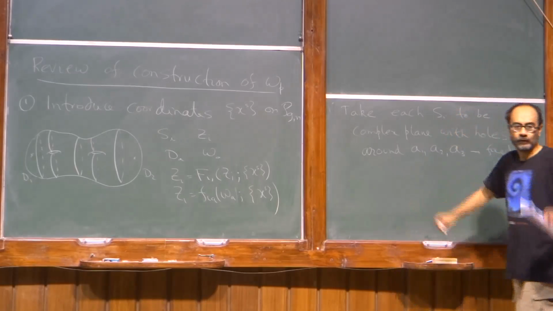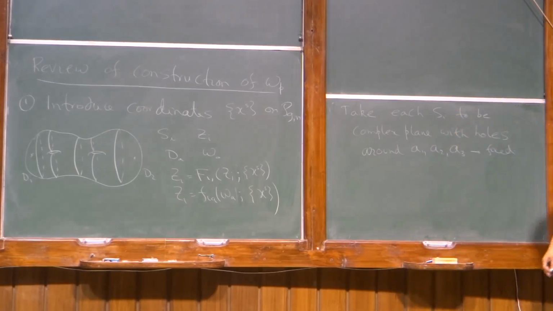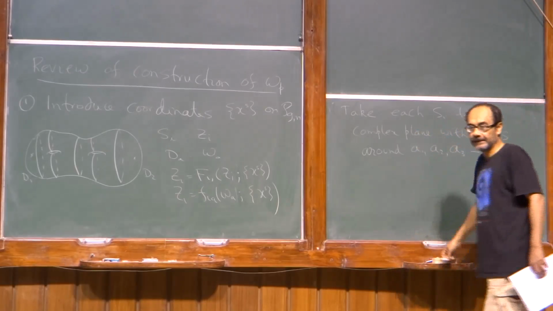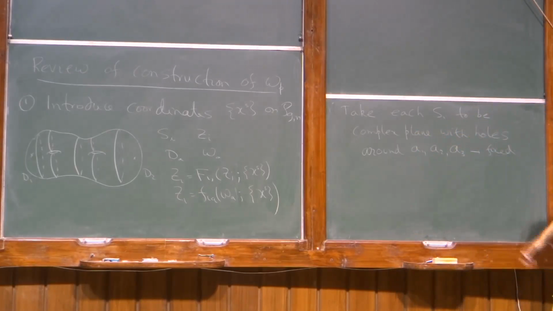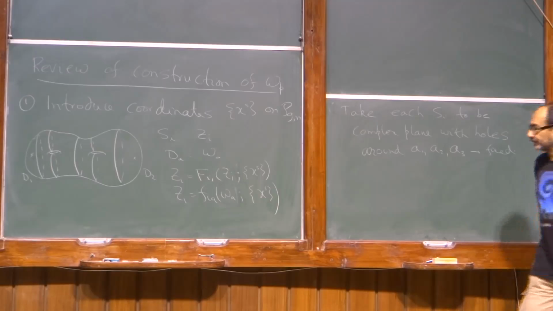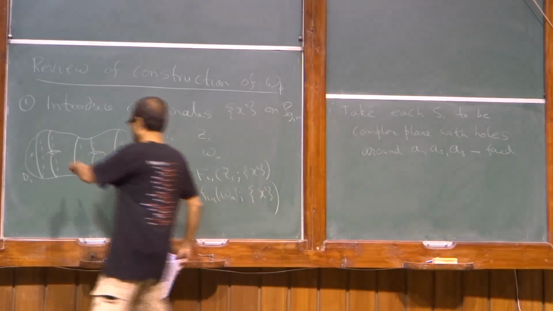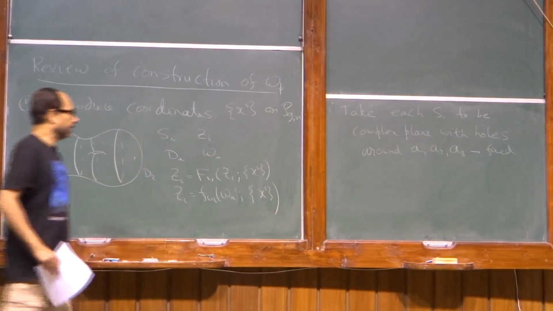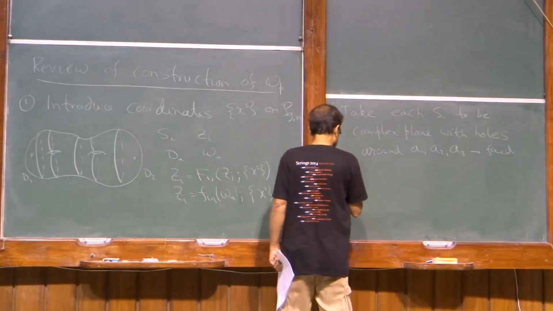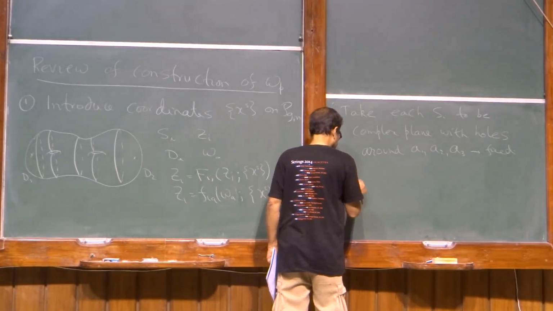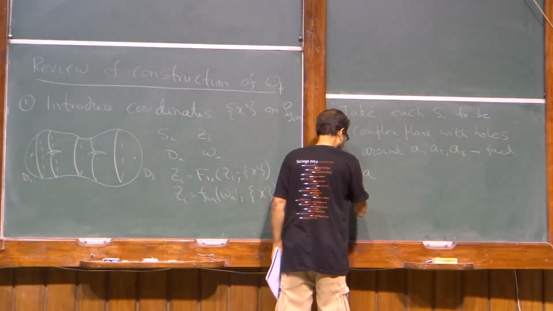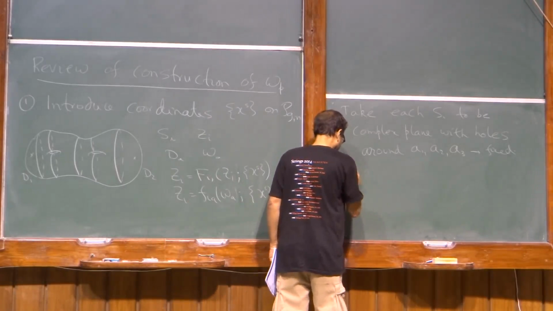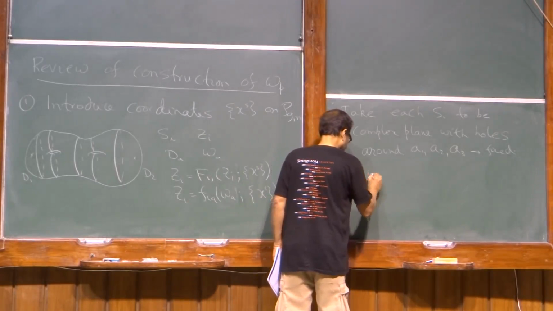It could be 0, 1, 2, for example. So take each Si to be in complex plane with holes cut out around these. So each Si has 3 holes, right? You can think of this as a complex plane with point at infinity, of course, identified. And then you can take the relation that Zi minus M, on the overlap circle.